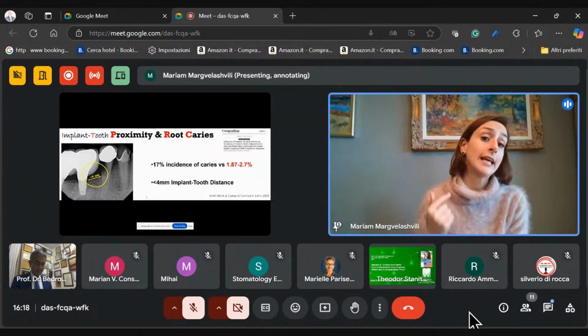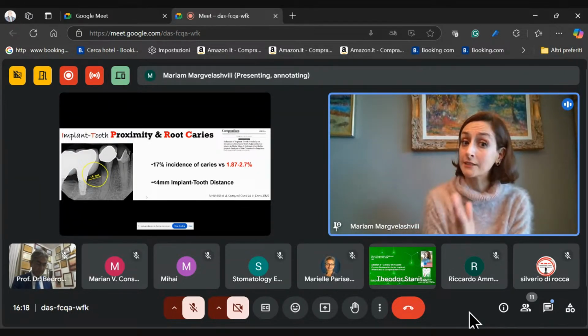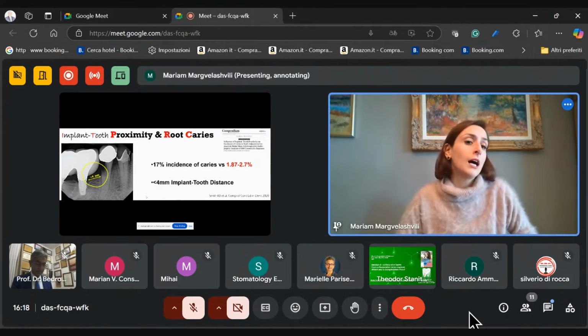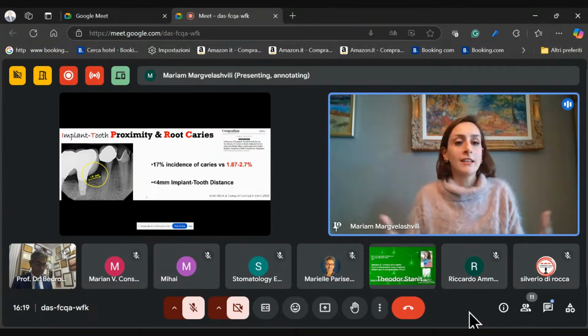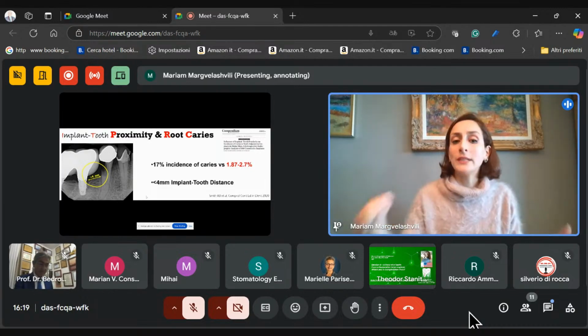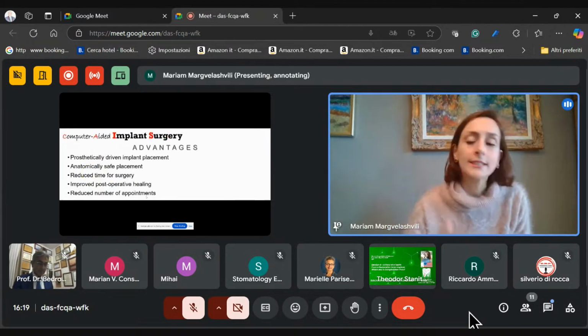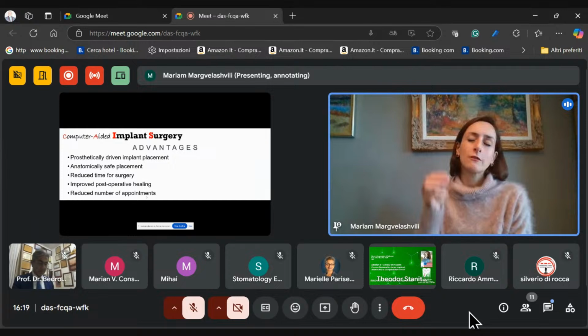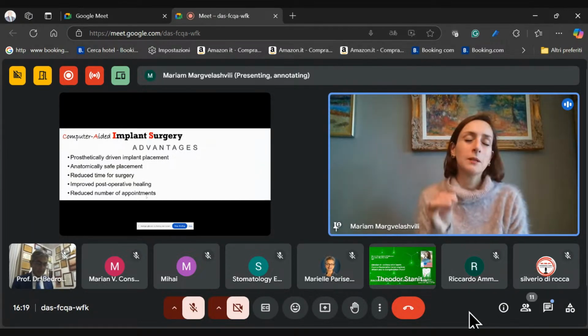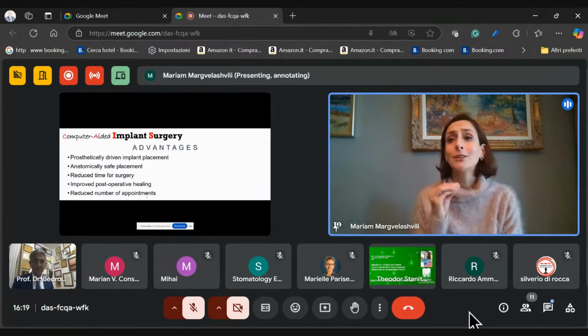And that's accelerated and exaggerated if the implant is placed 4 millimeters or further away from the tooth, because the emergence profile that we need to develop is not cleansable. So the bacteria become more virulent and attack the root, and we see this collateral damage. This is why we need to take advantage of correct three-dimensional implant placement, statically driven placement that can easily be achieved by computer-aided implant surgery.